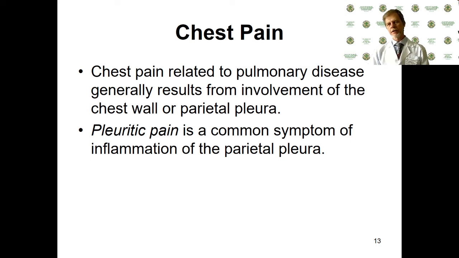That's why when patients with lung disorders experience pain, it is because we have a lot of pain receptors in the pleura. Pleura covers lungs, and if we have involvement of pleura, we talk about pleuritic pain, which is inflammation of the parietal pleura. Remember anatomy, we have visceral pleura, parietal pleura, and the pleural cavity.